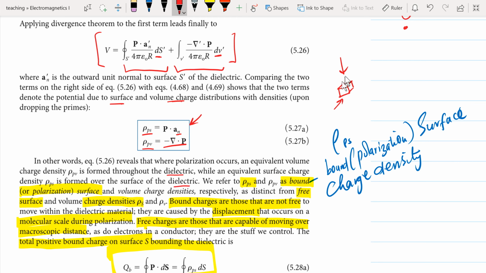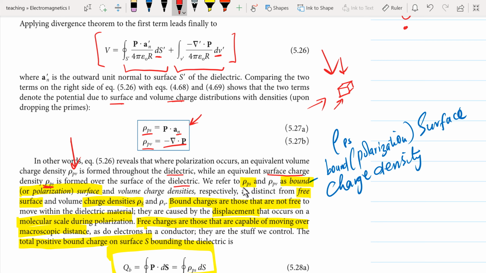We are saying a polarized elemental volume has some equivalent volume charge density that we define as rho PV, and another surface charge density due to polarization, which can be defined as rho PS. And these two parameters we give a unique name.